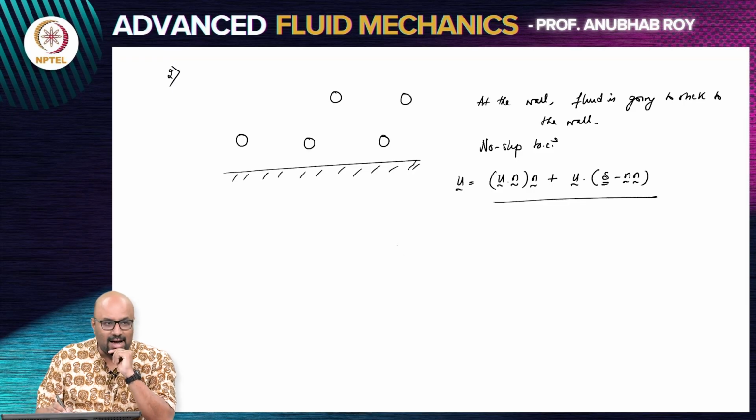You can see this is an identity: u dot n multiplied by n, if you see this term and this particular term, they are going to cancel each other. So effectively this is another way of writing u. This component of u is the component which is perpendicular to the surface, and this component of u is the component which is tangential to the surface.